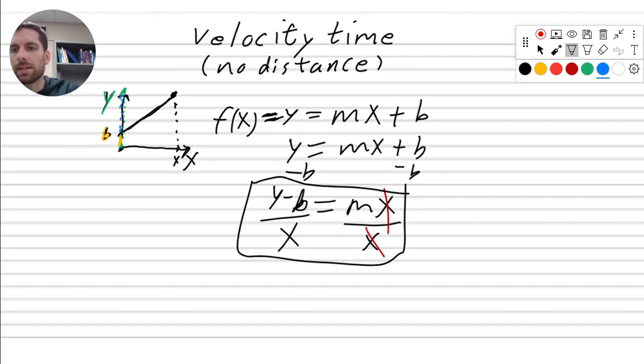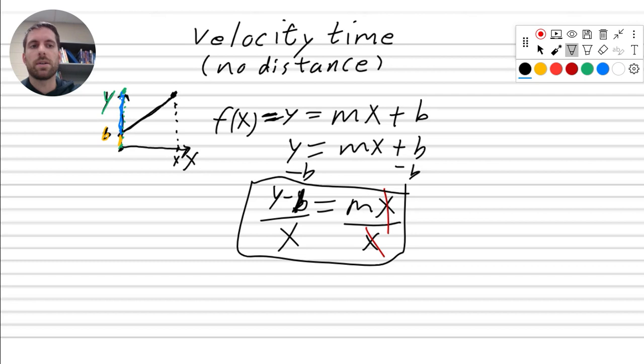So we want to subtract that. So it makes sense, because that's going to be our slope. So y value minus b value over some x value. Right? That's our slope of the line.